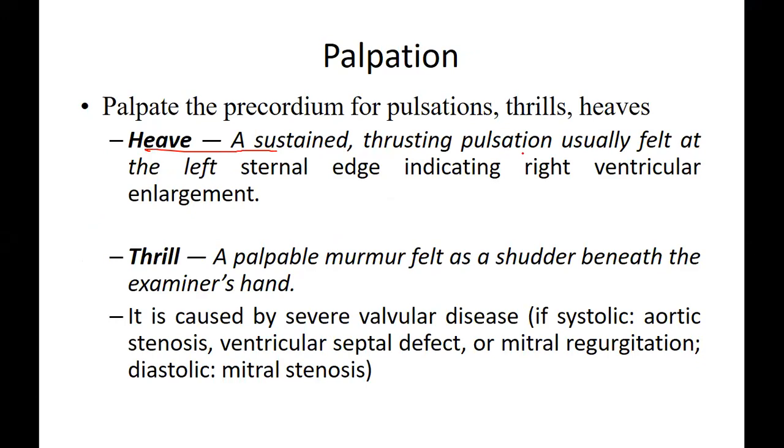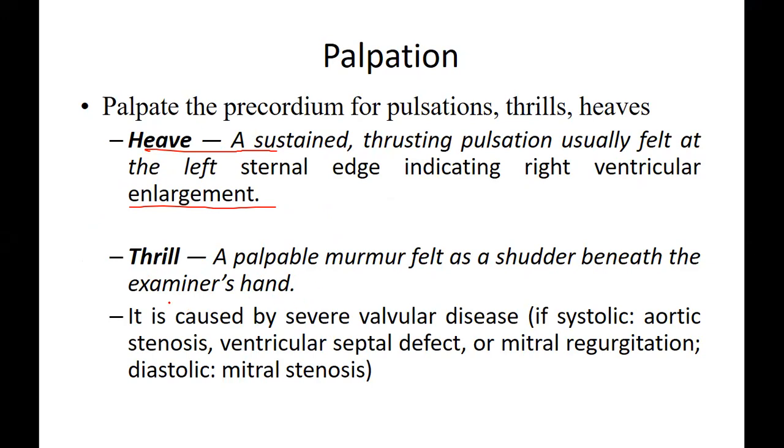A heave is a sustained thrusting pulsation, usually felt at the left sternal edge, and it indicates right ventricular enlargement. If the right ventricle is abnormally enlarged or hypertrophied, you may get this heave. A thrill is a palpable murmur felt as a shudder beneath the examiner's fingers.